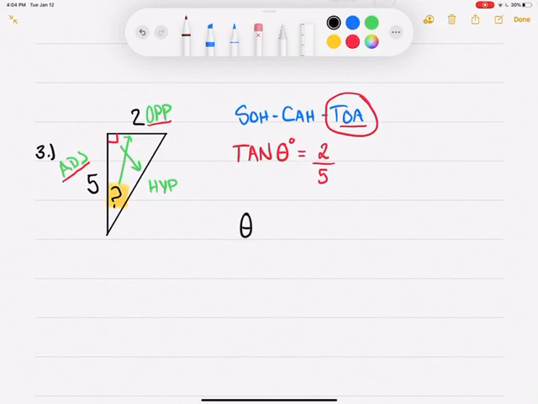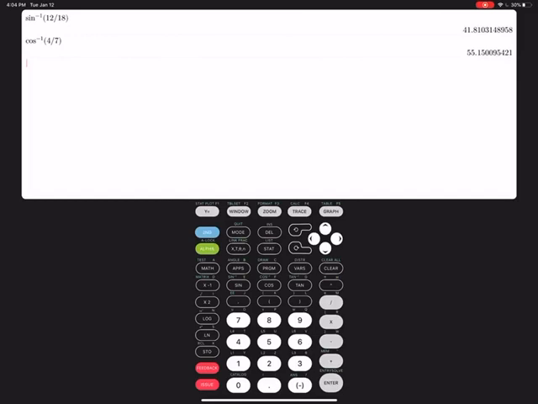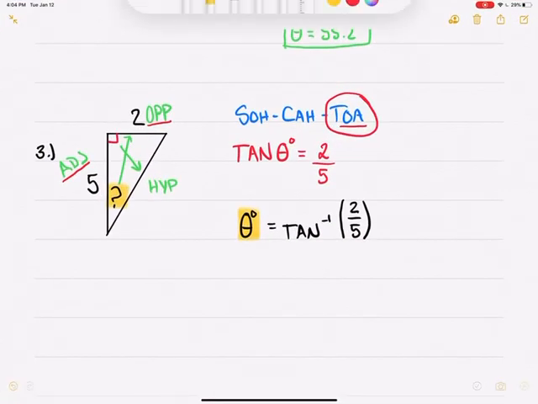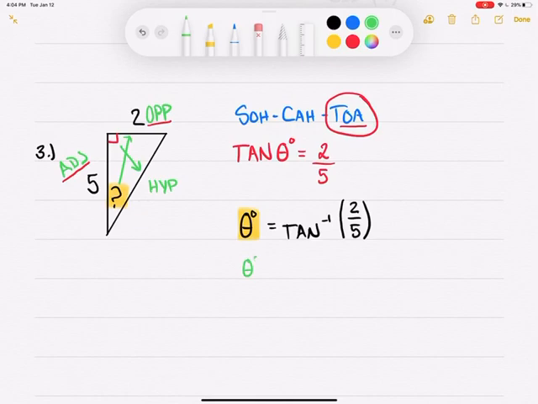We're going to write our angle all by itself. It's going to equal inverse tangent of our fraction. In the calculator, the blue second tangent, 2 divided by 5, close parenthesis, hit enter, 21.8. So theta equals 21.8 degrees. That's our missing angle.